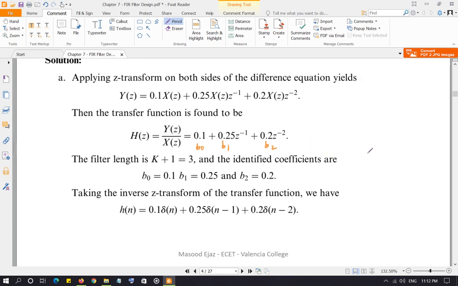And once you take the inverse, for an impulse input, of course, X(Z) is equal to 1, so H(Z) will be equal to Y(Z). So when you take the inverse Z transform, keeping X(Z) equal to 1, you are going to get 0.1 delta n, and 0.25 delta n minus 1 using the shift property, and then 0.2 delta n minus 2.